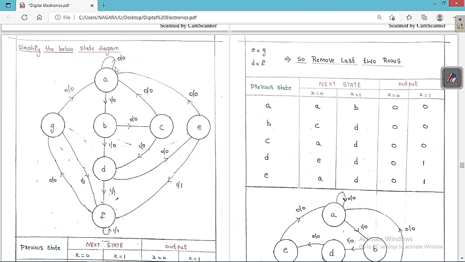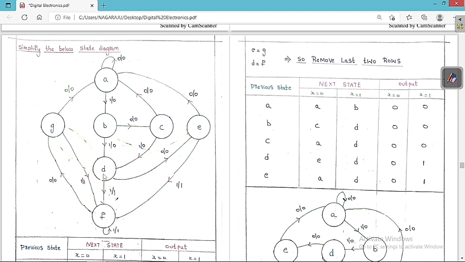Whenever the input is 0 and output is 0, we are going to be in the same state. Similarly, whenever the input is equal to 1, we are going to move to state B with an output of 0. Similarly, from state B, if you give an input of 0, we are going to get an output of 0 and move to state C. But if you give an input of 1, we stay in state B with an output of 0.